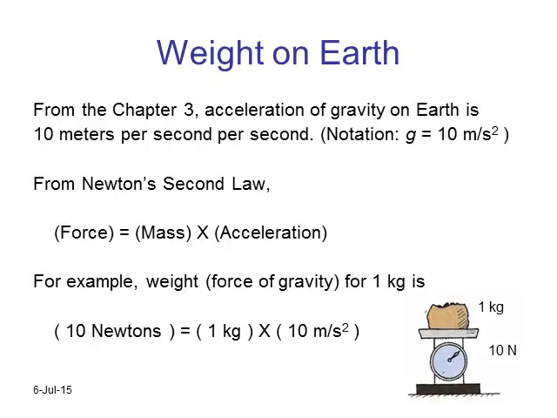Force is going to be in newtons, all right? So if we have 10 newtons, and we have 1 kilogram of, I don't know, nuts here, the acceleration of gravity is going to be 10 meters per second squared, and remember that is always down. Doesn't matter. Gravity is always down.